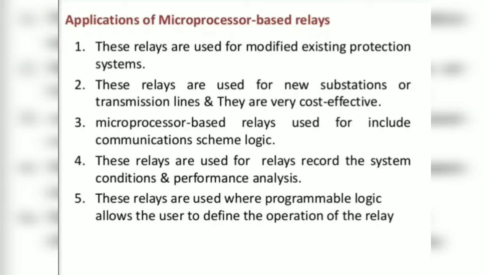These relays are used where programmable logic allows the user to define the operation of the relay. So now we just compare static relay with electromagnetic relay and microprocessor based relay.